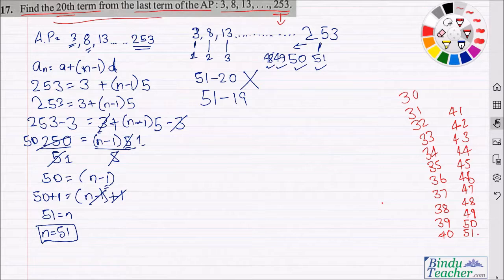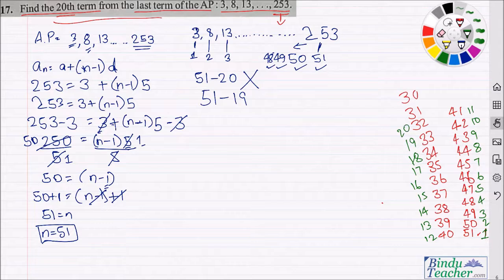We are at 51 here. So this is the first term, right? Let me choose a different color for this. This is 1, 2, 3, 4, 5, 6, 7, 8, 9, 10, 11, and then 12, 13, 14, 15, 16, 17, 18, 19 and 20.